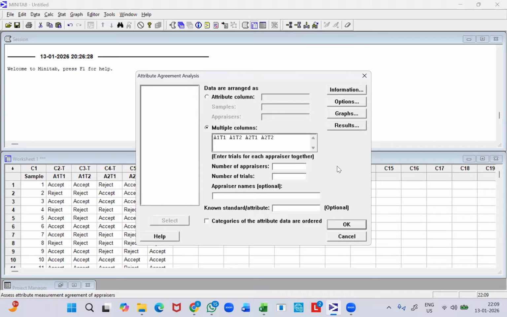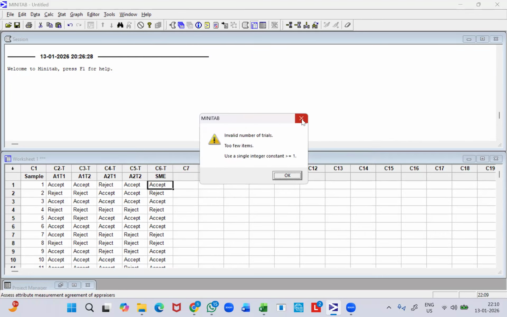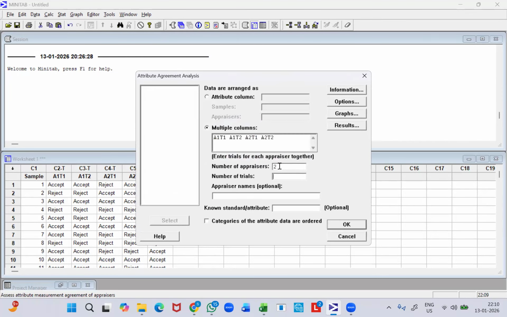So name or number of the appraisers. We have 2 auditors, so provide the number as 2. Number of trials again will be 2, because you have only 2 trials for each auditor.